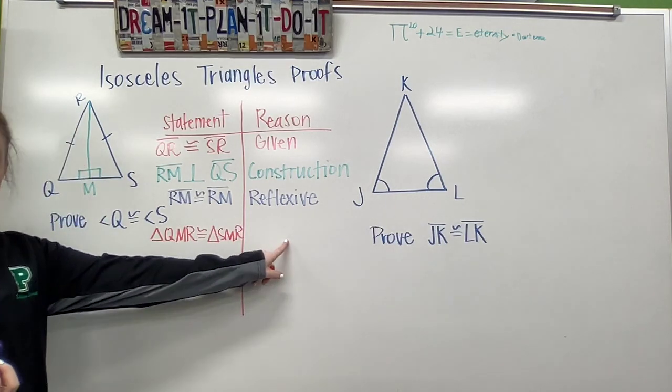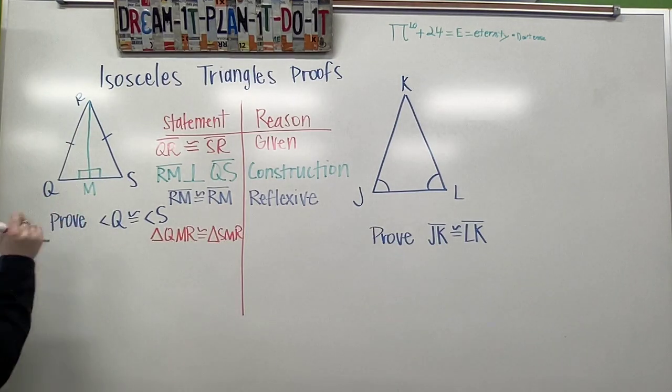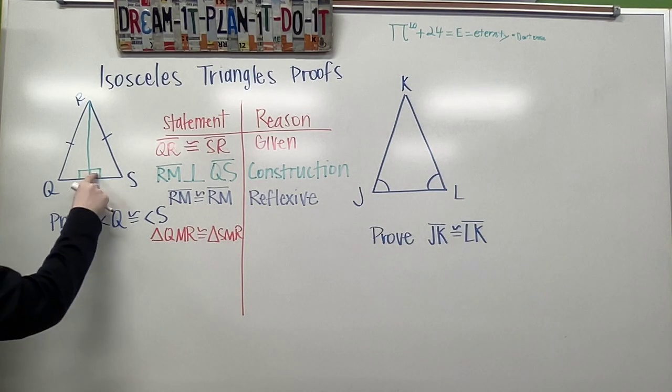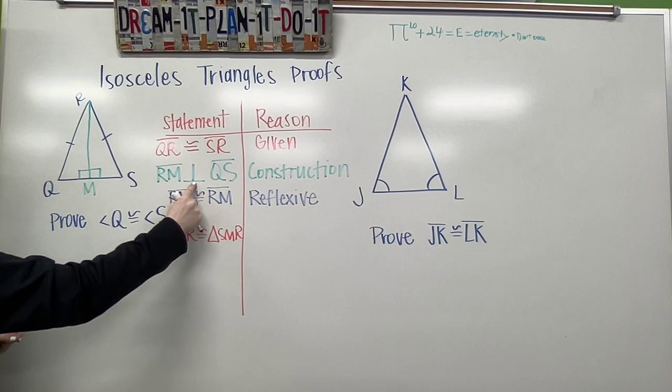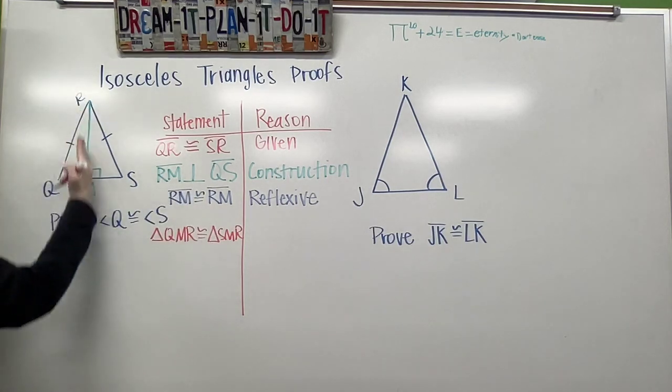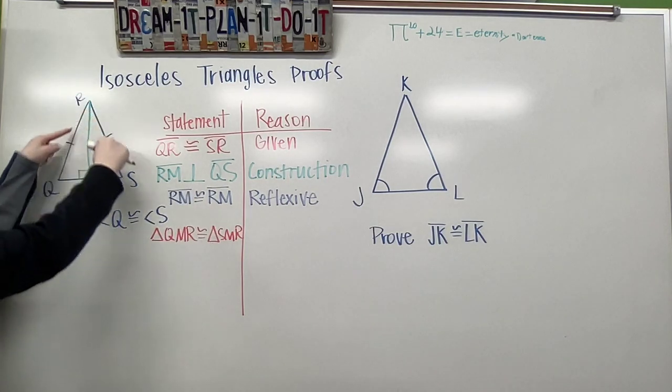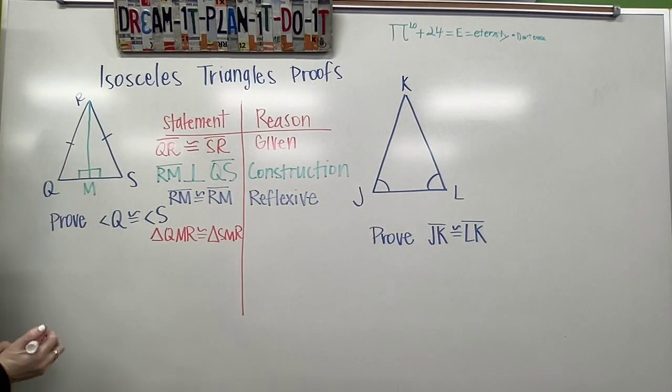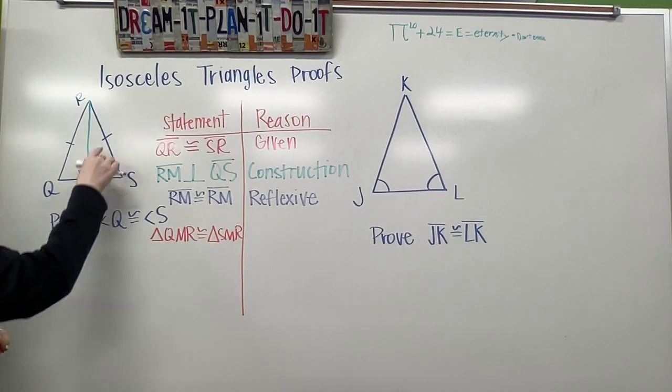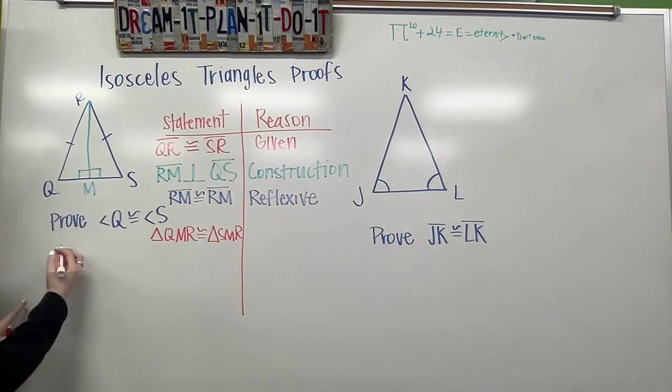The reason I know this, if we look, this angle is 90 degrees because we're perpendicular. I know they share this side, RM, and then the hypotenuses here are congruent. So that is side-side-angle.